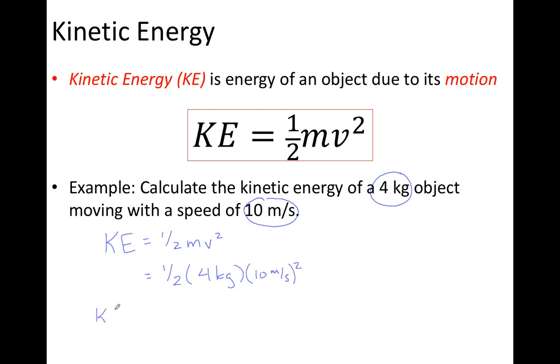And when we calculate this out, the number works out to be 200. The units are going to be kilograms times meters squared per seconds squared. And a kilogram meter squared per second squared is a joule. So as long as we were putting in standard units, which we were, we get out standard units of joules.